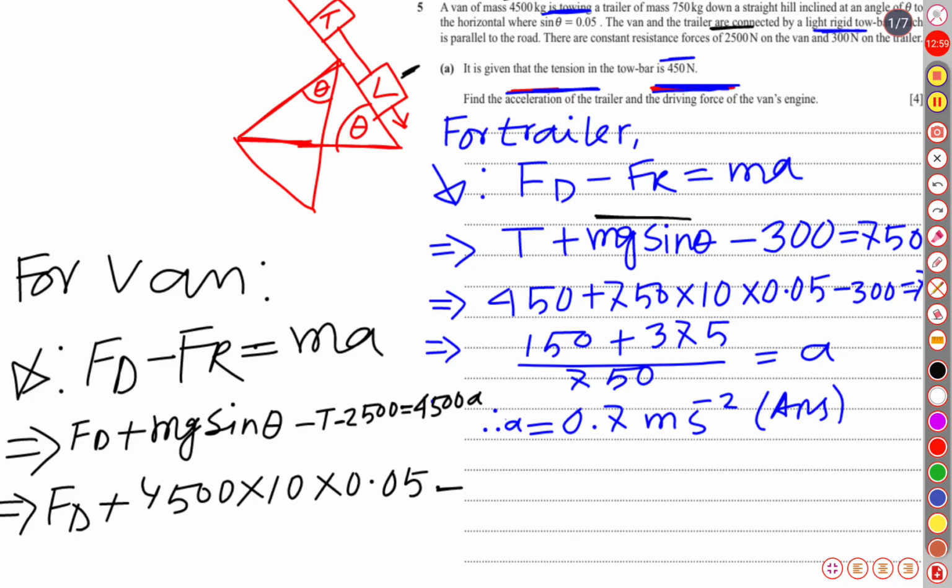We have already obtained the tension, 450 Newton, minus 2500, the constant resistance force, meaning frictional force, equal to 4500, right side, 4500 into acceleration. We have already obtained the acceleration is 0.7.